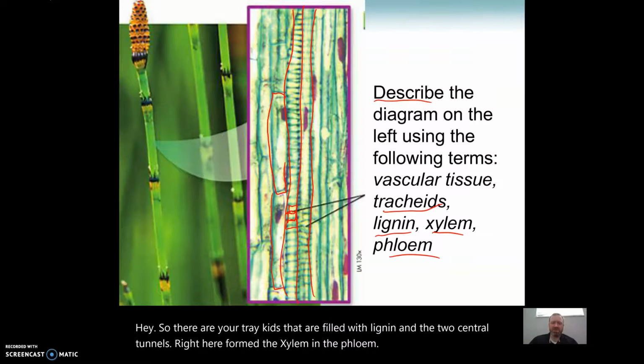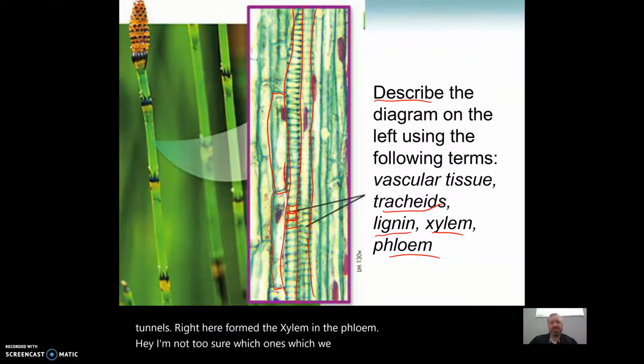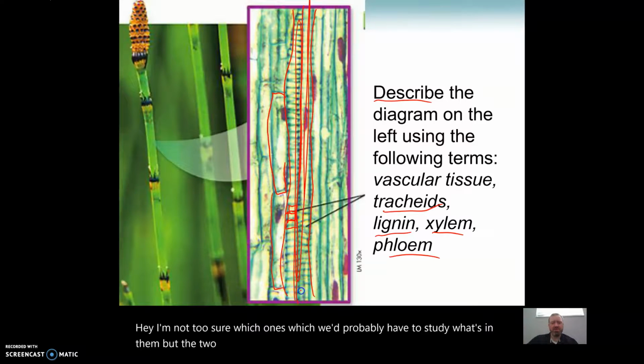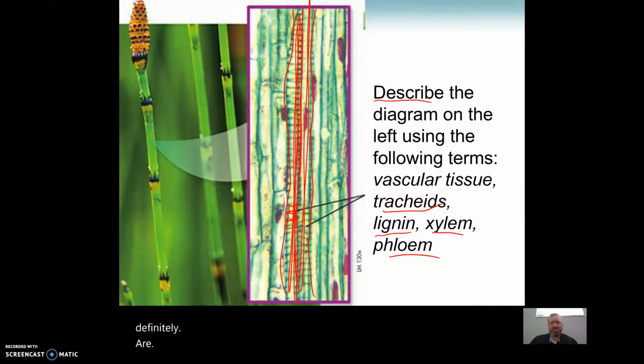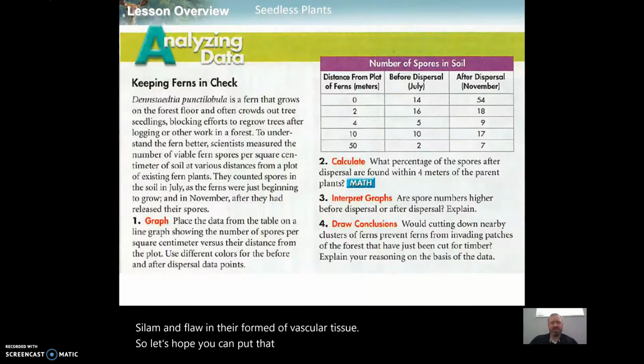I'm not too sure which one's which. We'd probably have to study what's in them. But the two central tubes right here that I'm coloring, those are definitely our xylem and phloem, and they're formed of vascular tissue. So let's hope you can put that together in a description for me.